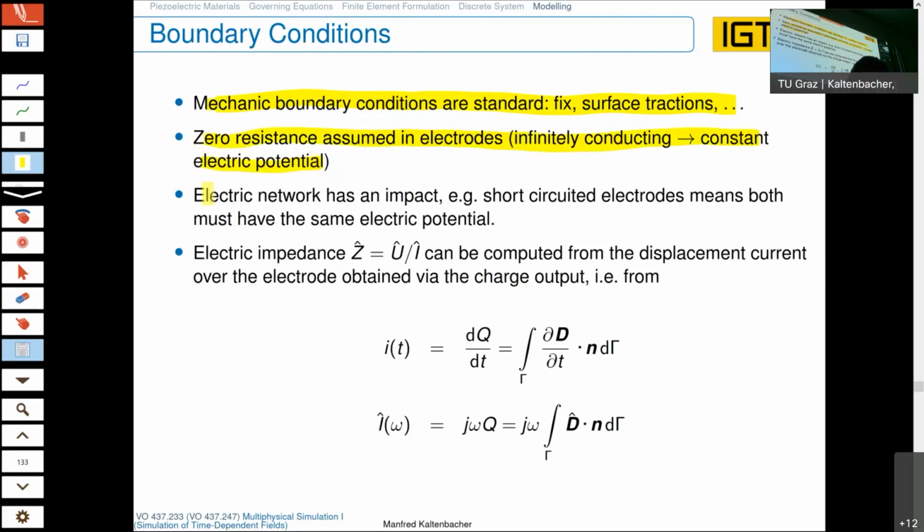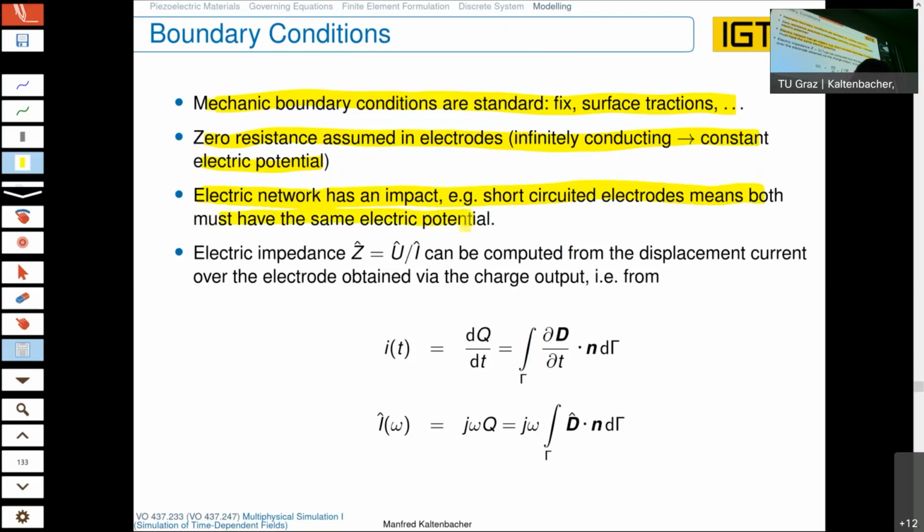Sometimes we have to solve our finite element equations together with a network equation, in order to also include, for example, the power electronics in how you feed and load electrically your actuator.